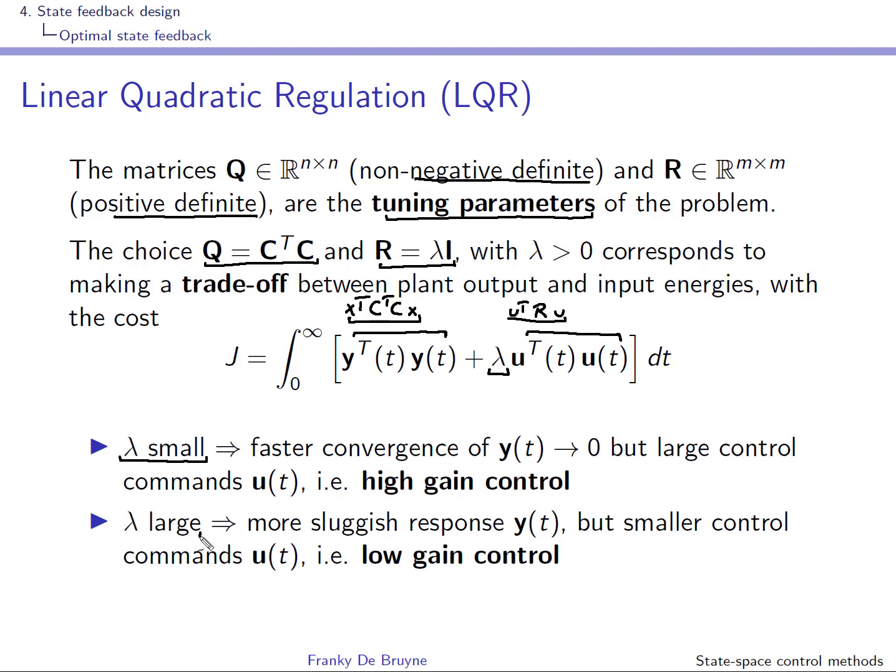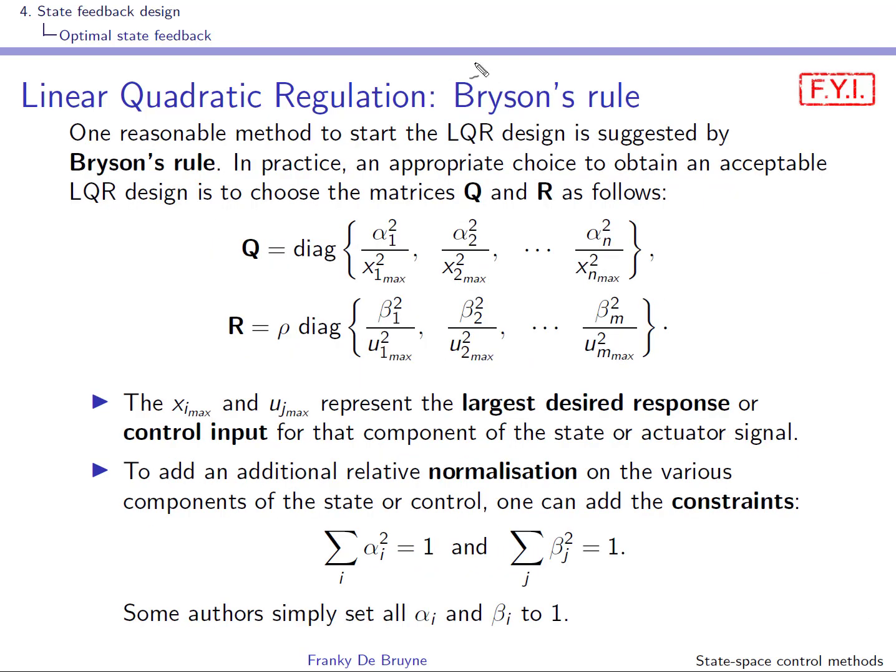If lambda is large, then you expect low gain control, and the response will be more sluggish, slower, because the commands that you're allowed to use cannot be as nervous, as aggressive. The Q and R that we have proposed earlier, so Q equal to C transpose C and R equal to lambda I, might not be the best choices for an LQR design.